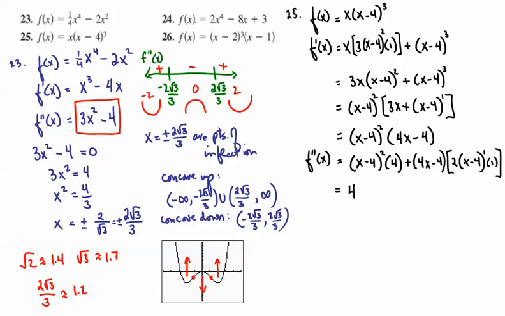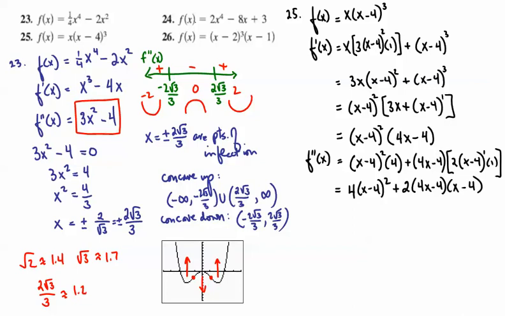So we have 4 times (x minus 4) squared, then plus (4x minus 4) times 2 times (x minus 4) to the first. So I'm going to rearrange these terms and instead write the 2 up front, (4x minus 4), and then (x minus 4) to the first.